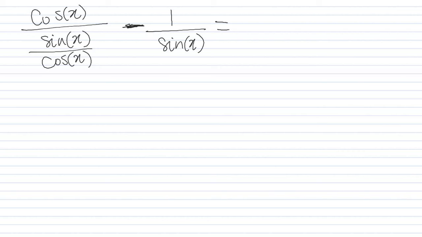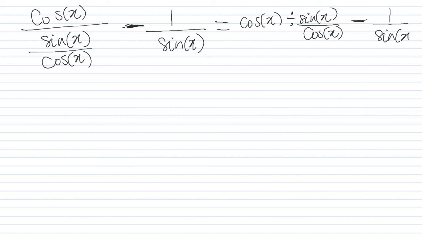So that is now equal to cosine of x divided by sine x over cosine of x, right? Minus 1 over sine x. You guys, are you bored already? Nope. So this division is just basic math. So we have all of that equals the same thing as cosine of x.